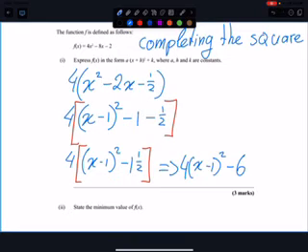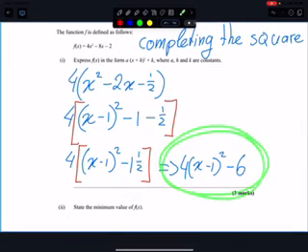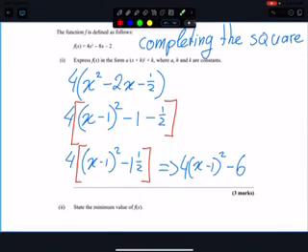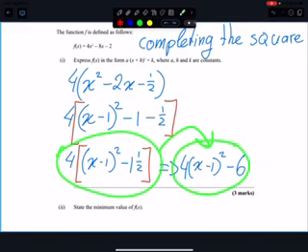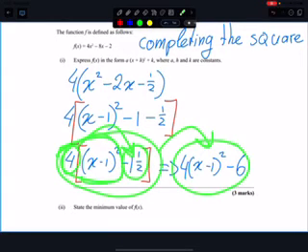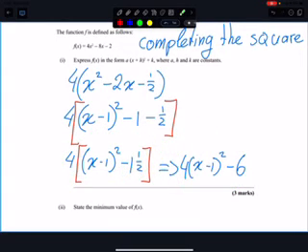Still 4. Yes, no, this is the answer. So after you've gotten this part, this is the final answer. You have to multiply 4 with negative a half, so only 4 has to be multiplied with x minus 1. So this is the final answer.